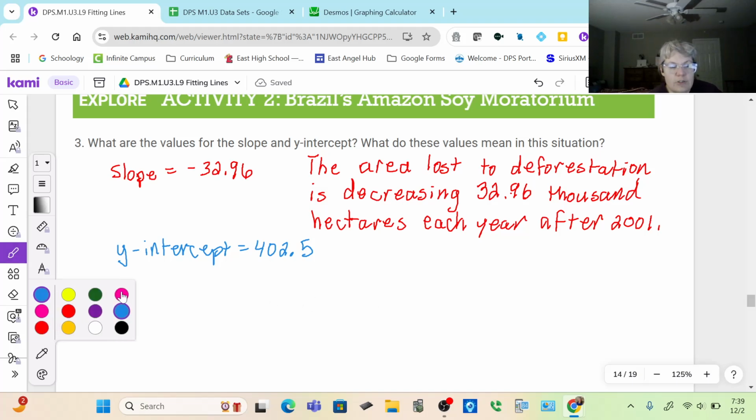Now for y-intercept, that's where we are at an x value or an input value of 0. Well, our input value is the year 2001.